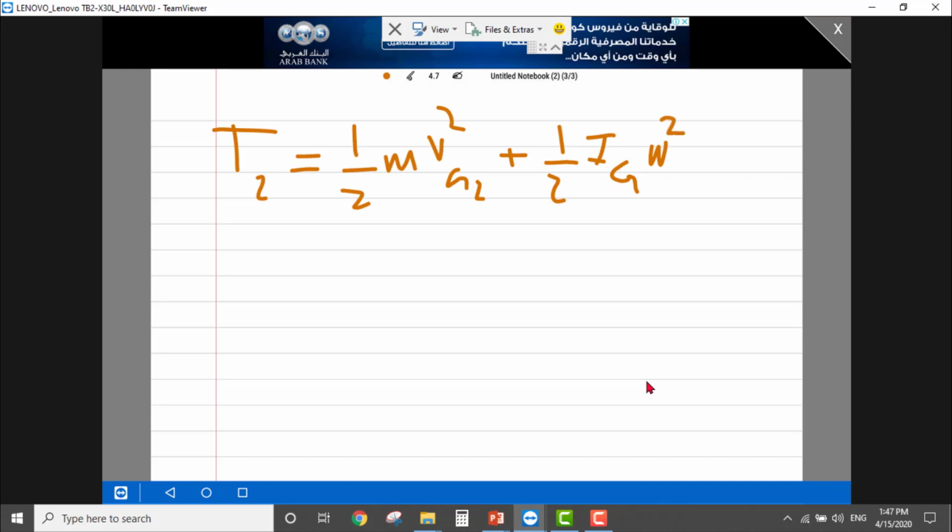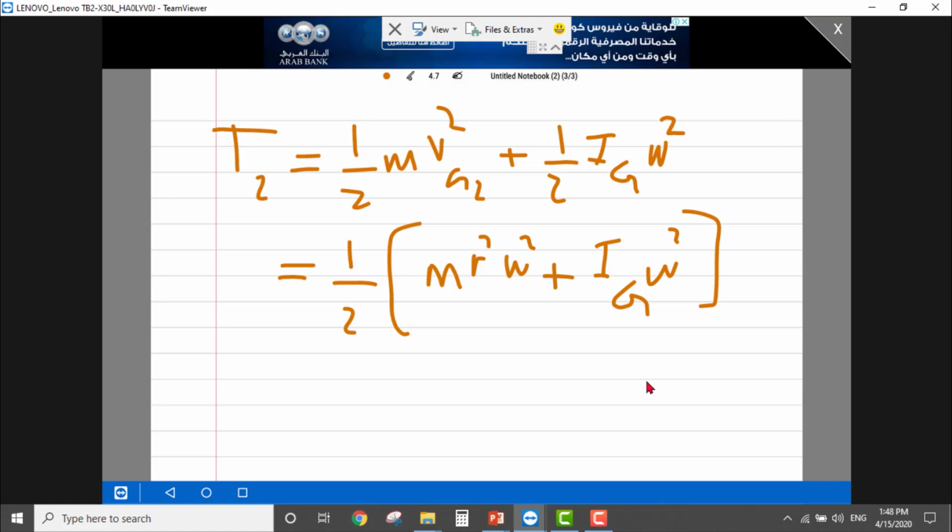Now, instead of vg, I will take half as a common factor: mass multiplied by r squared omega squared plus Ig omega squared.